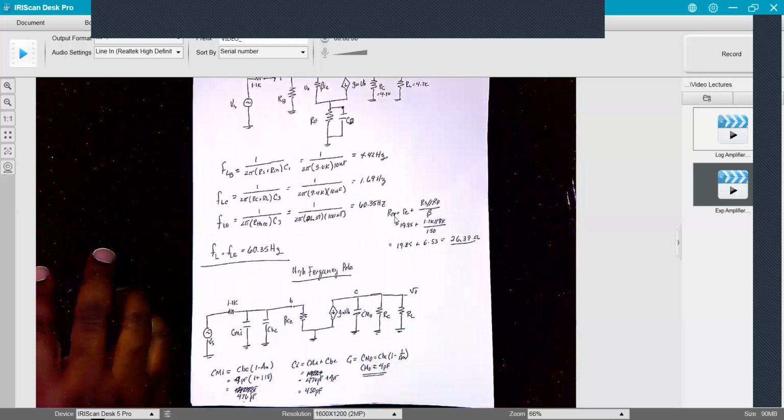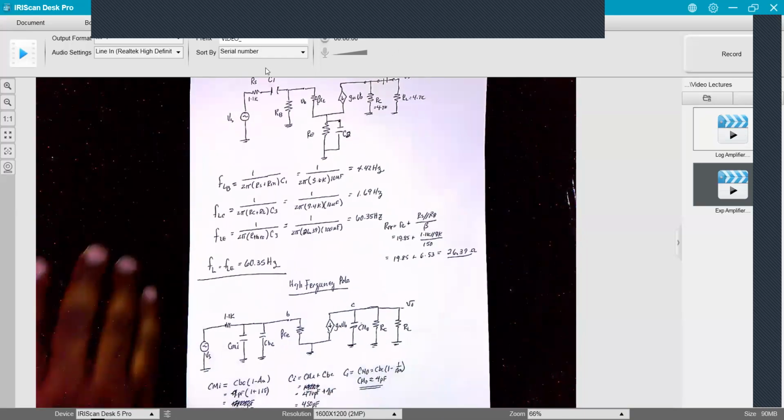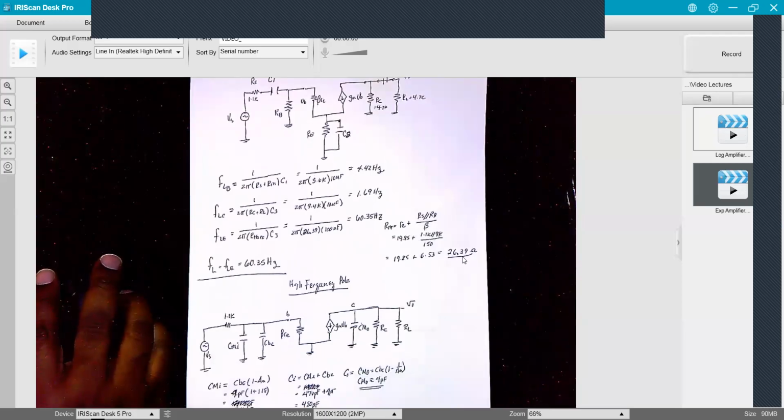Oh, here it is. So the resistance is RE, which is beta RE divided by beta, plus RB in parallel with RS divided by beta. So we calculate that, and we get 26.39 ohms.